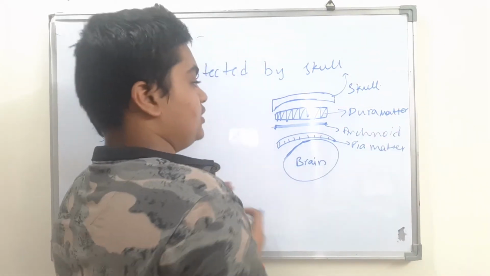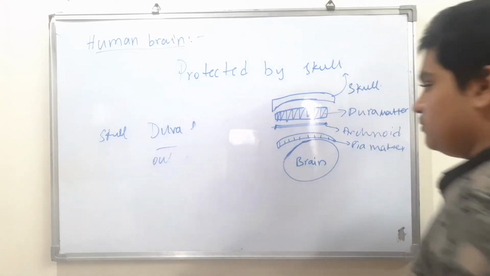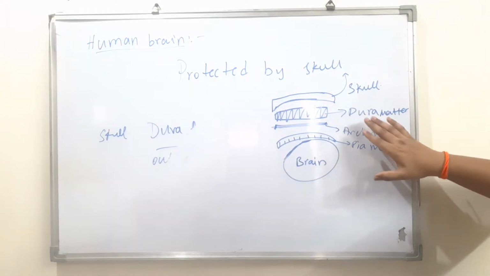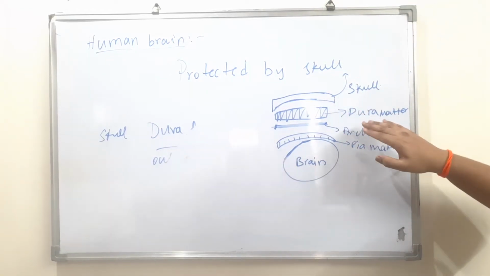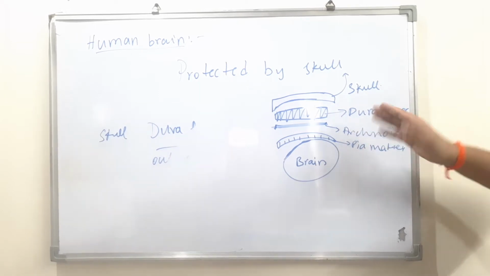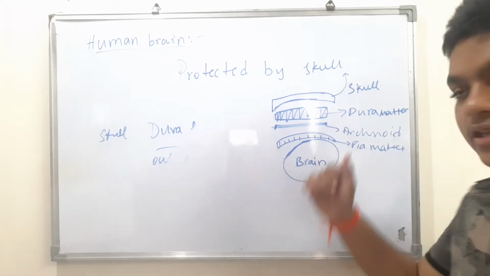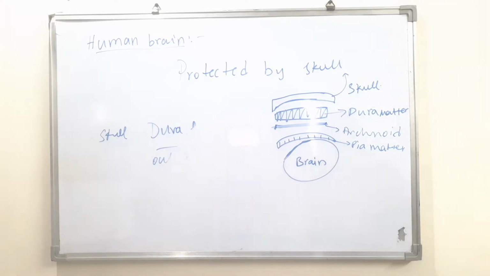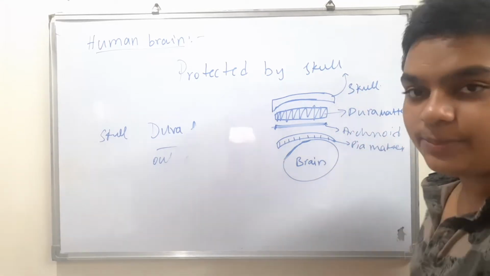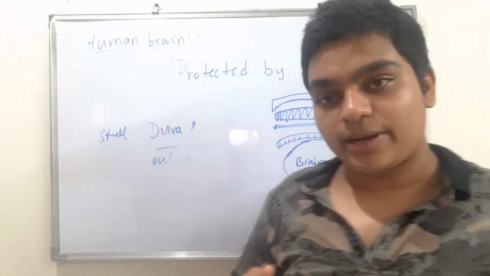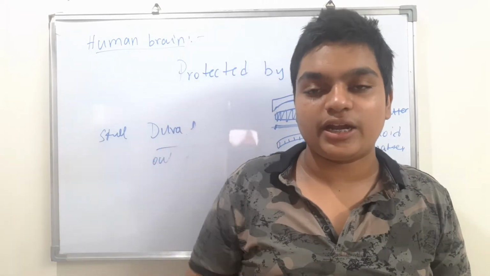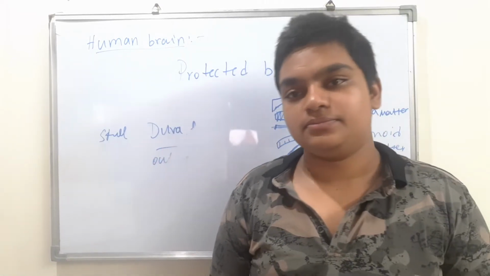Now I am repeating it once again. Skull, dura mater below the skull, arachnoid, below the arachnoid, pia mater. Repeat with me: skull, dura mater, arachnoid, pia mater, brain.